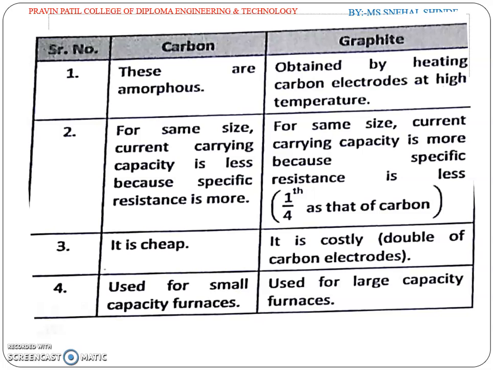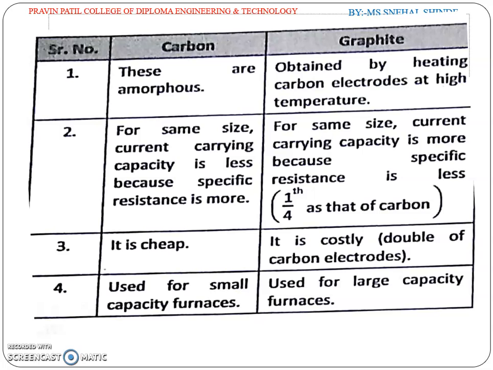Carbon is cheap, and graphite is costly because it is obtained from carbon electrodes at a high temperature. So as compared to carbon, graphite is costly. You can see the cost of graphite is double that of the carbon electrode.